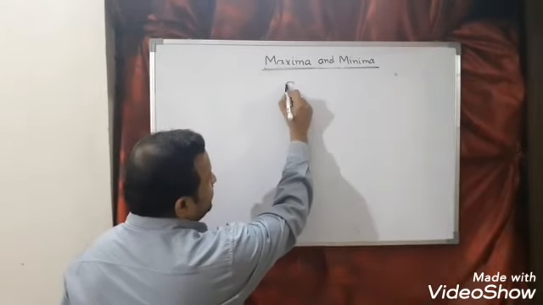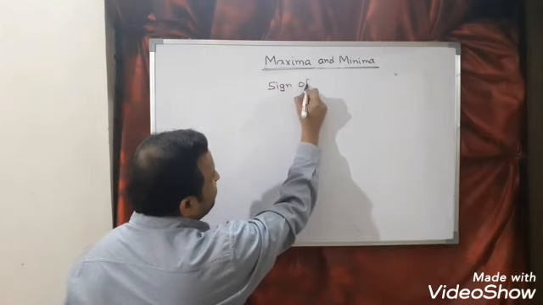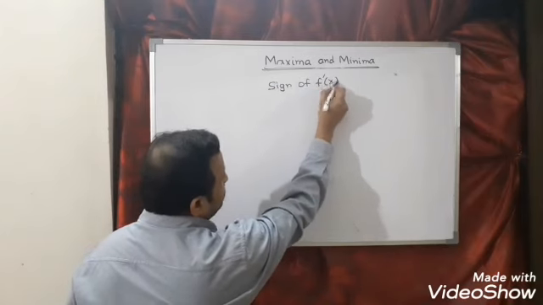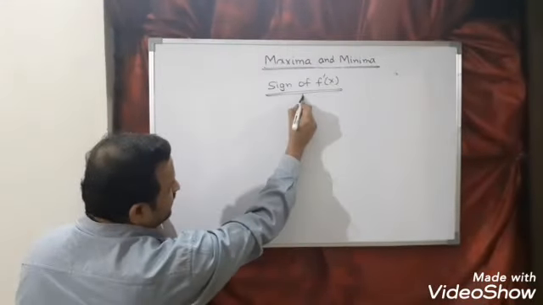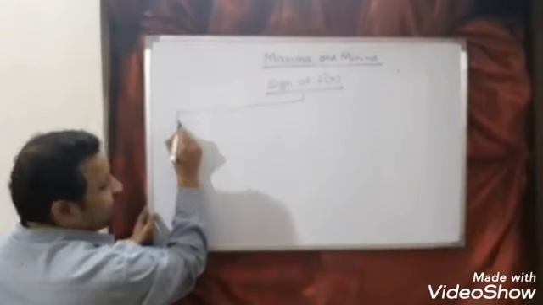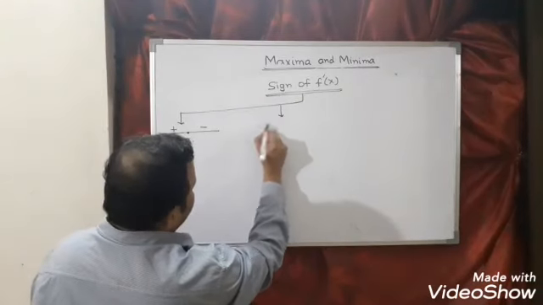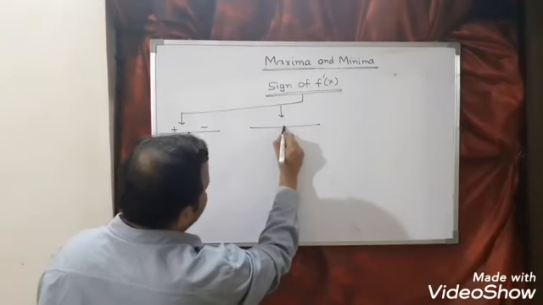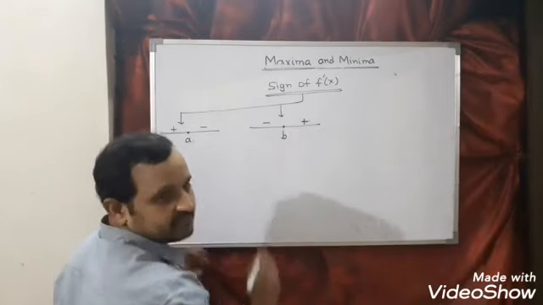So what I want to say here is, sign of f dash x, this is very, very important. Look here. Suppose the sign of f dash is plus, minus, and let us take this as a. Next, something like here, I can take this as b, this is minus, this is plus.